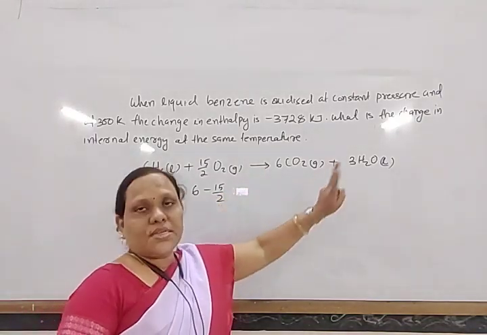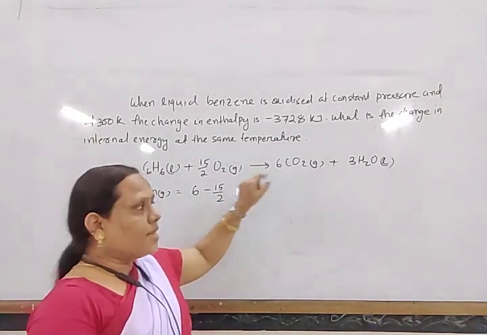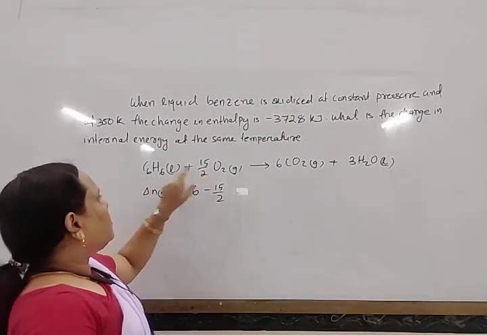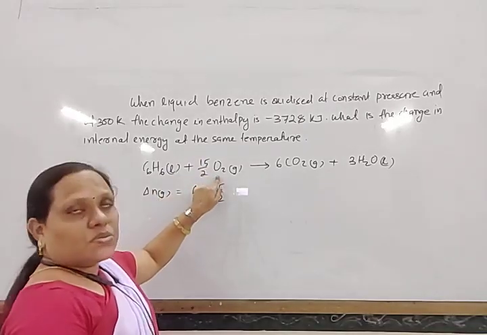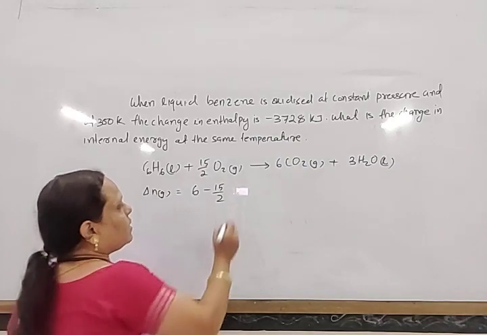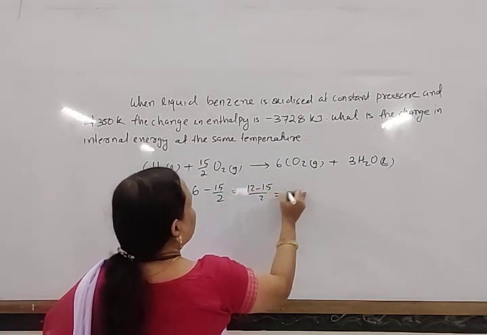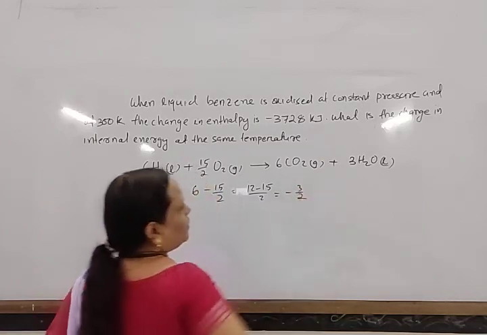Not 6 plus 3, the total 9, because water is liquid. So it is 6 minus 15 by 2, that is 12 minus 15 by 2, which is minus 3 by 2.